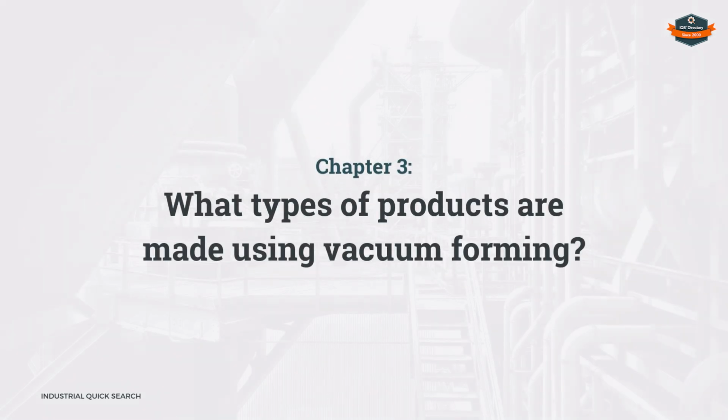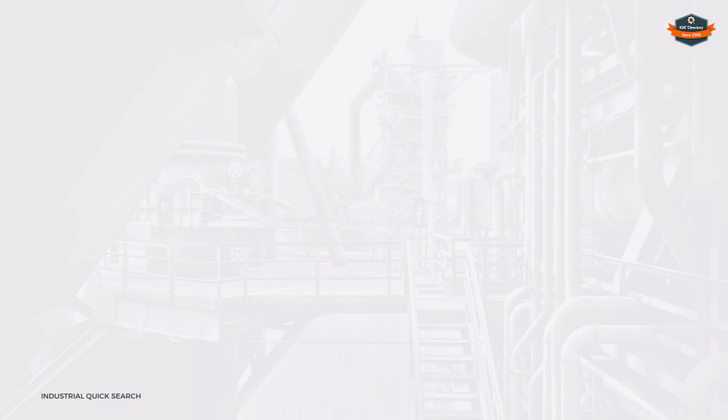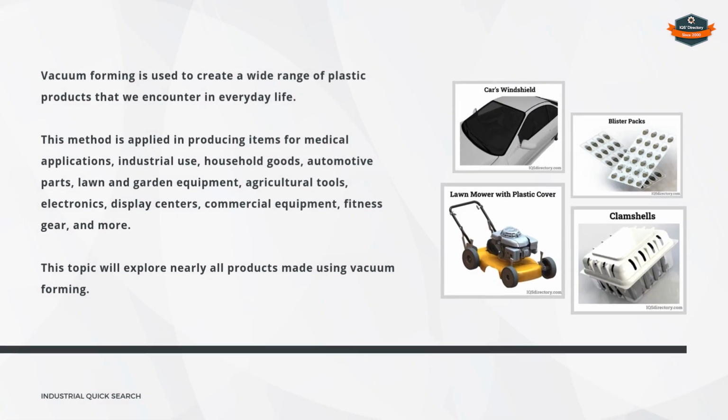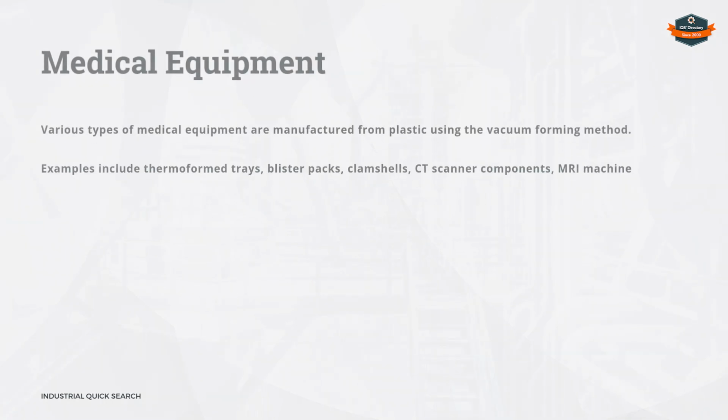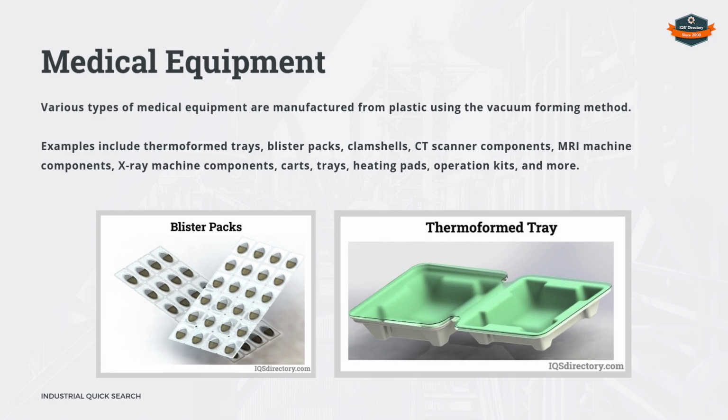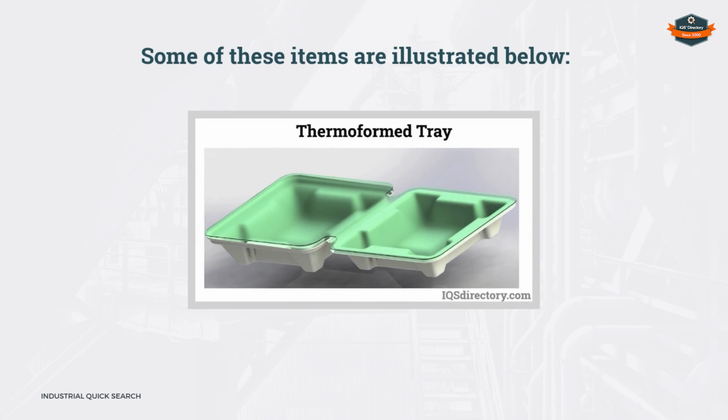Chapter 3. What types of products are made using vacuum forming? Medical equipment. Some of these items are illustrated below.